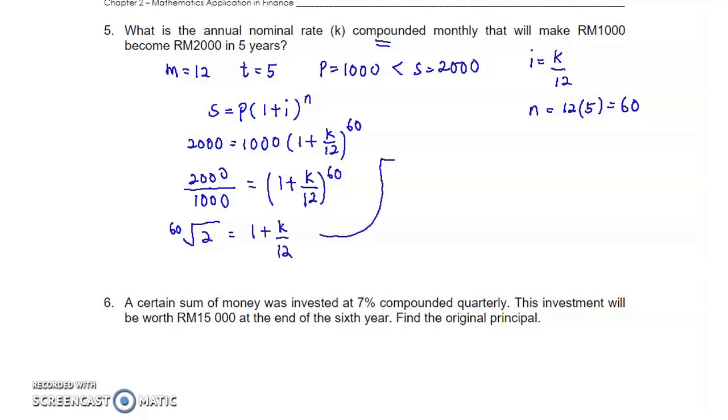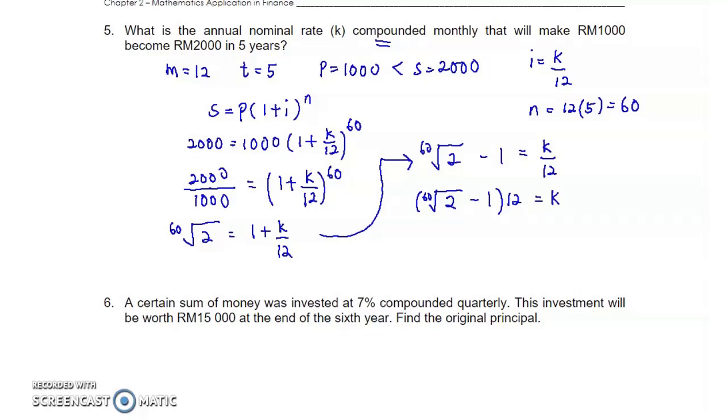Now bring this positive 1 to the left hand side as minus 1, so on the right hand side we have K over 12. We want K only, so bring the over 12 to the left hand side, where divide becomes multiply. So the 60th root of 2, minus 1, multiplied by 12 equals K.